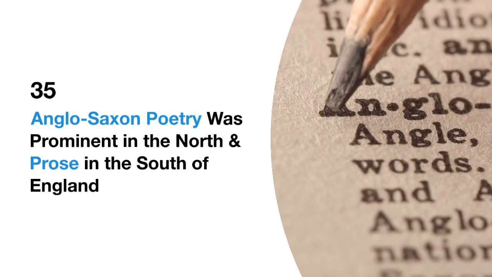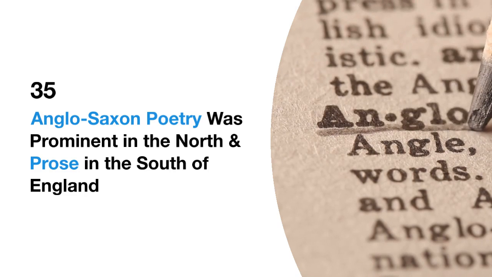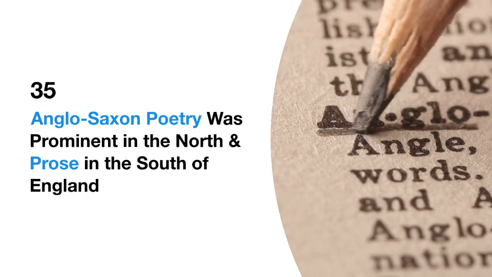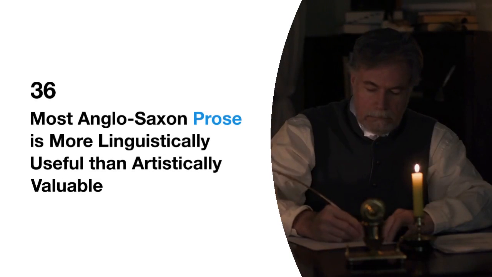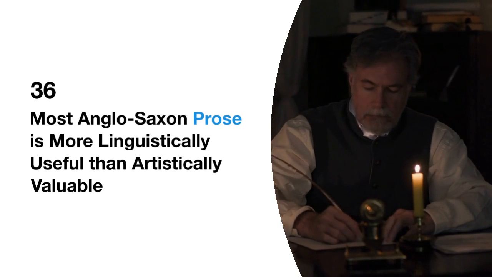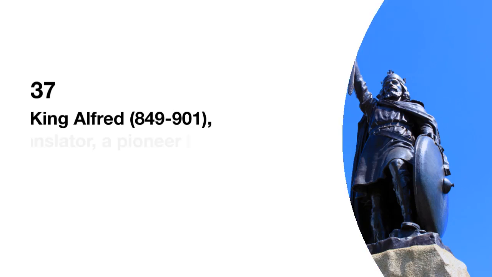35. Anglo-Saxon poetry was most prominent in the north of England, while prose developed later in the south of England. 36. Most Anglo-Saxon prose is more linguistically useful than artistically valuable. 37.